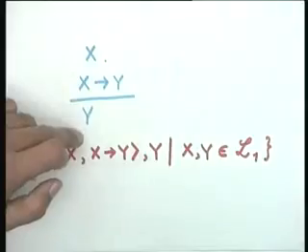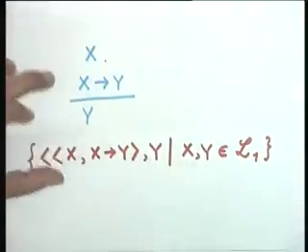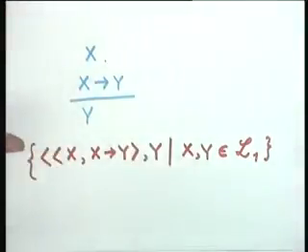So, what you are saying is you take two sentences of first order logic, and if they have this pattern, that is, call one sentence x and the other sentence has the pattern x conditional y, then you are able to infer y. All rules of inference in logic are finitary, they are also finitary specifications.